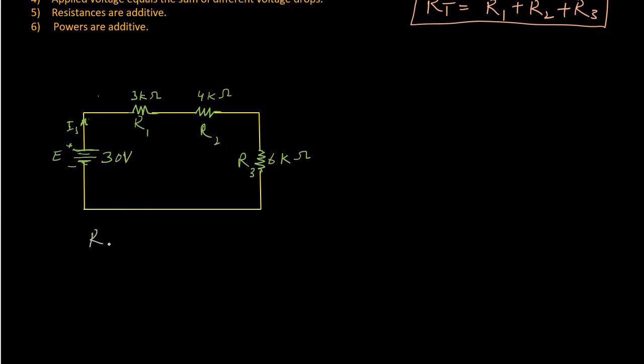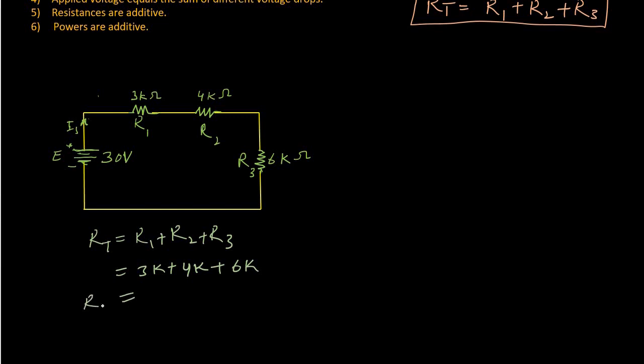The equivalent resistance for a series combination of resistors is equal to R1 plus R2 plus R3. So R1 is 3 kilo ohms plus R2 is 4 kilo ohms plus R3 is 6 kilo ohms.